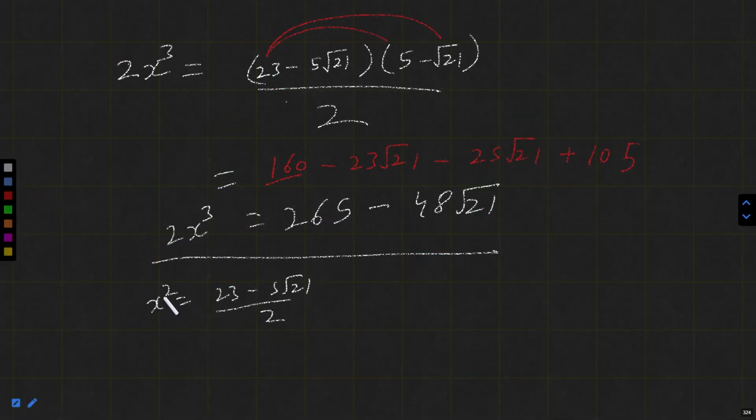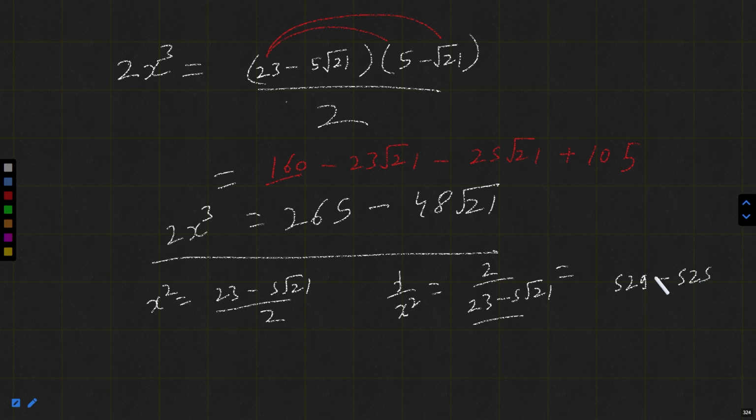Now it is adding to 1 by x square. Let's find 1 by x square. It is just the reciprocal of this, 23 minus 5 root 21 by 2. Now I rationalize it. 23 square is 529, minus 25 times 21, which is 525, and above we have 23 plus 5 root 21.